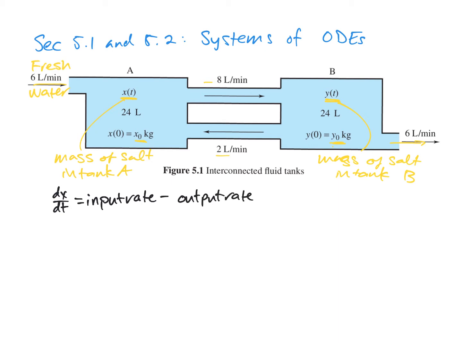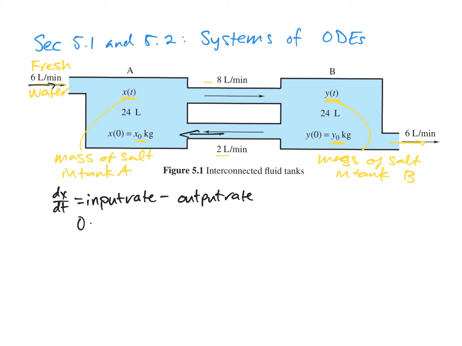So what's going into the tank? Well, going in is fresh water from that side. So that's just going to be 0. There's no salt in that water. But you're also getting an input from over here.